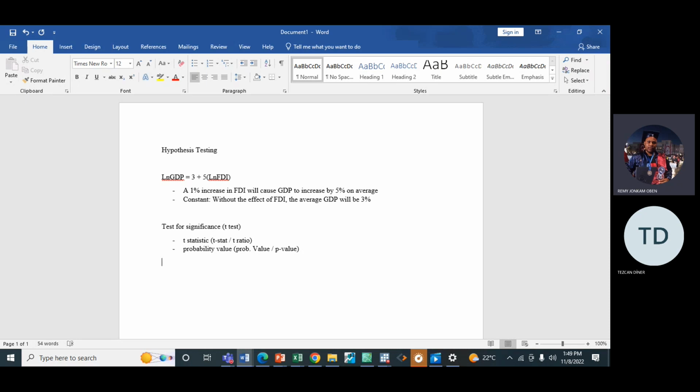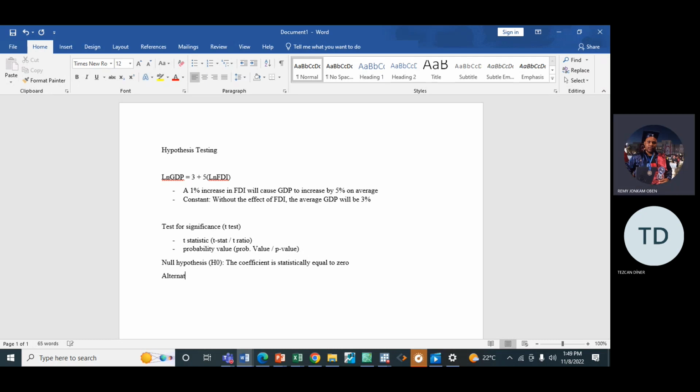If you remember, when we were looking at descriptive statistics, we did the Jarque-Bera test, and we saw the null hypothesis and the alternative hypothesis. I even gave it in the assignment. So for this t-test, what's the null hypothesis? The null hypothesis, that is H0, is that the coefficient is statistically equal to 0.